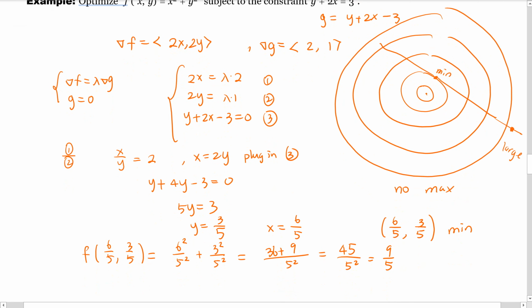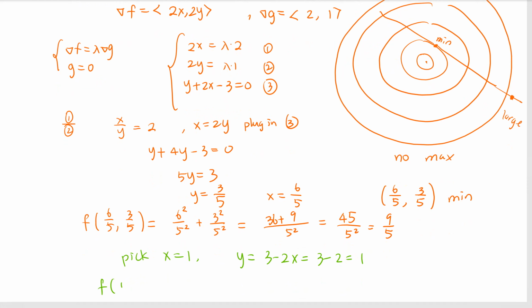Let's say we pick x equals 1, and then y equals 3 minus 2x will be 3 minus 2, which is 1. So f of (1, 1) will be 1 squared plus 1 squared, which is 2. You can see 2 is larger than 9/5. You can pick some random points, and you will see the number is always greater than 9/5. So far so good, everybody.